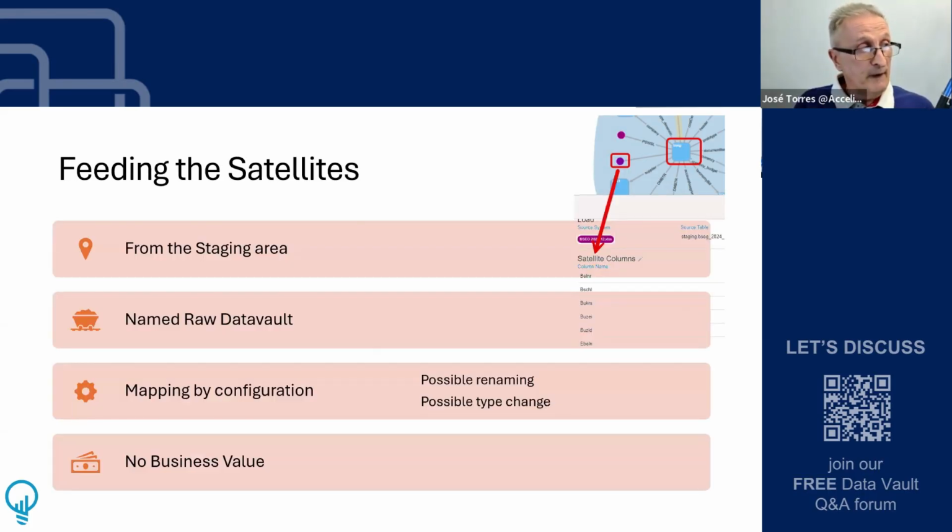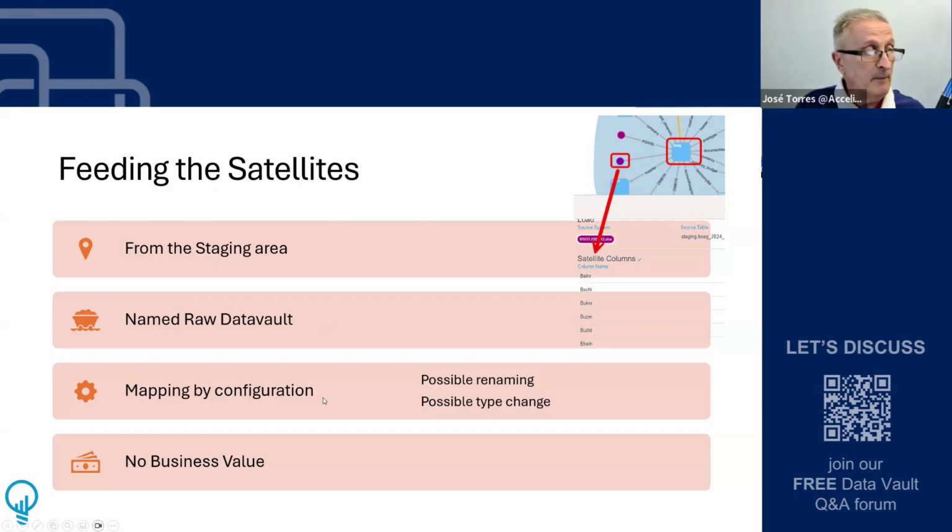Next, we will feed the satellites. So here we have a little screenshot at the upper right part of the screen. We feed them from the staging area. The names come from the actual source in the raw Data Vault.